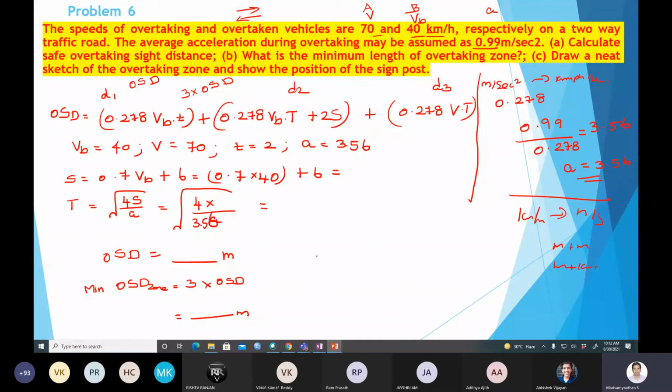Just use your calculator and let me know what the OST value and minimum OST value are. Then we will design the overtaking sight zone. This is the range, and then we provide the overtaking zone. At the same time, the opposite direction.